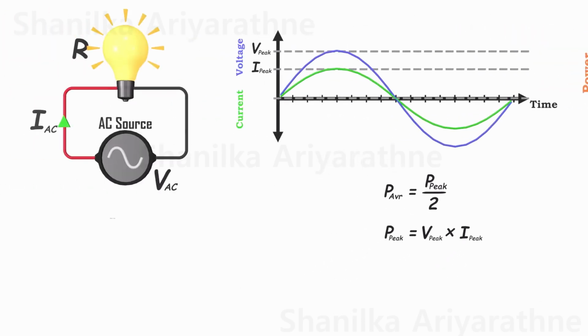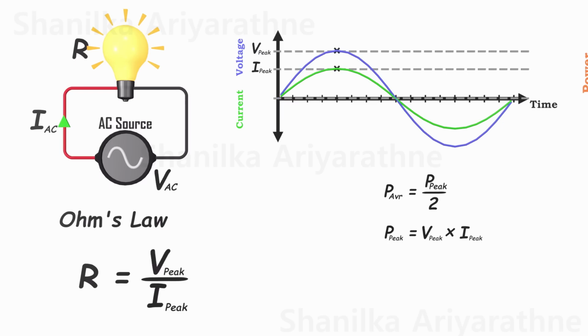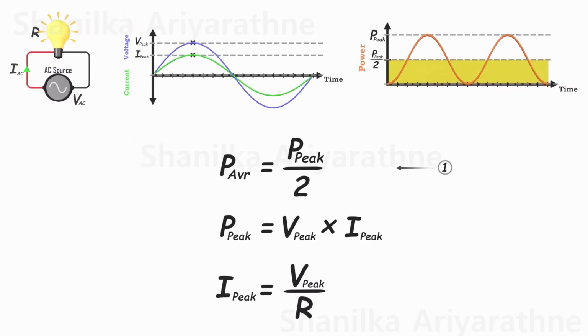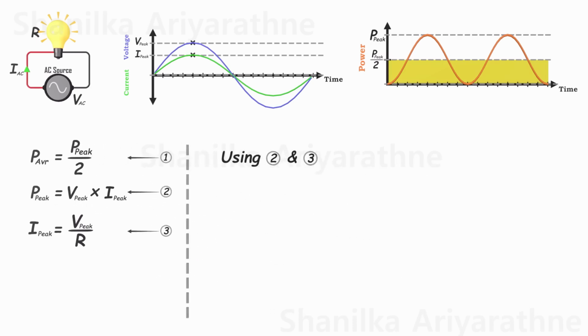Returning to the circuit, we understand, according to Ohm's law, that despite the varying voltage and current, the ratio between voltage and current is consistently equal to the resistance of the light bulb. Let's rearrange the formula to express current as the subject. Now armed with three equations, let's endeavor to simplify them. Firstly, employing equations 2 and 3, we can articulate the peak power in terms of peak voltage and resistance.